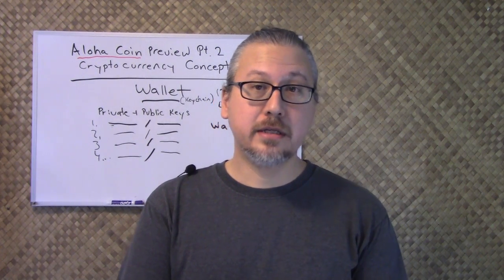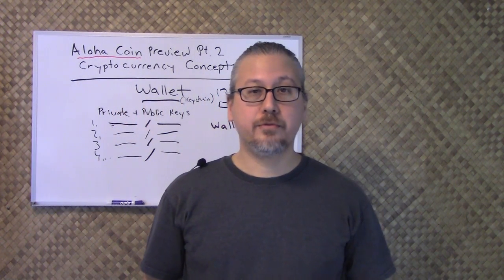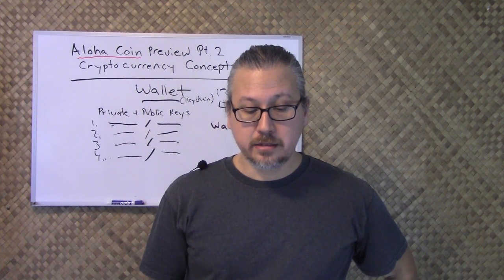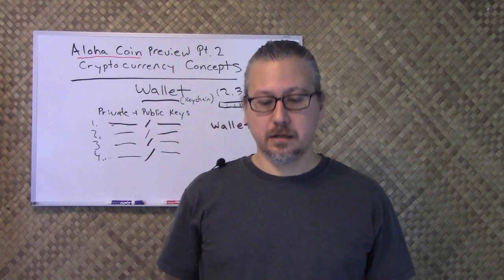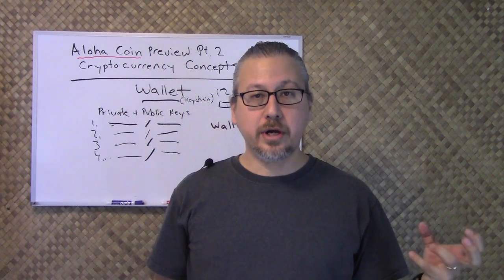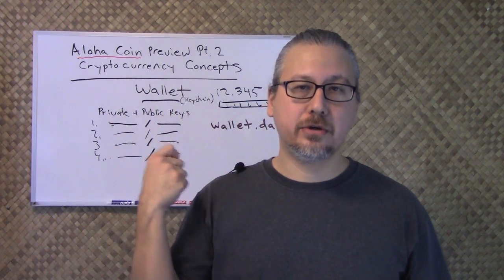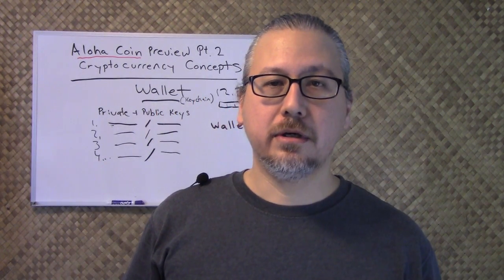We went over types of currency, types of ledgers, the nature of money, what 3 things make something money, and more specifics about public key encryption, what a public key and a private key are, the necessity to keep your private keys private, because that's how you control your coin, and what a wallet is, which holds your keys to your coin, and how to manage it, and actually acting out a hypothetical transaction using Aloha Coin.